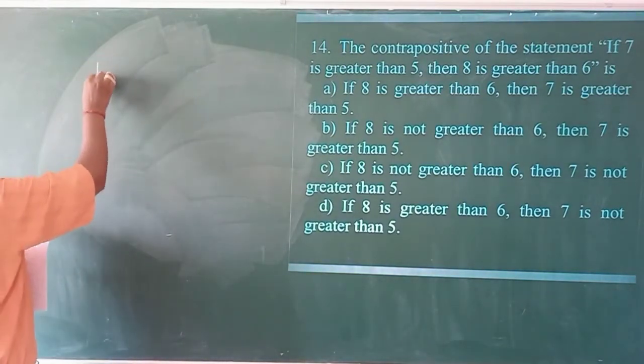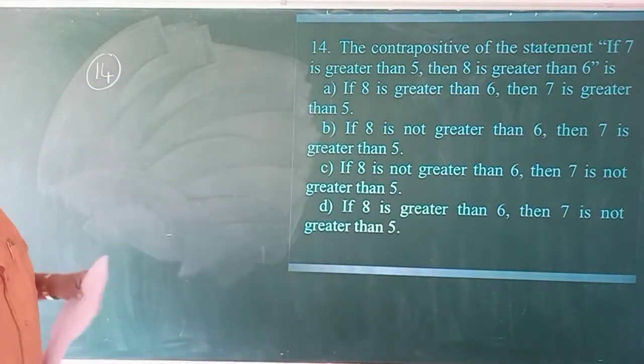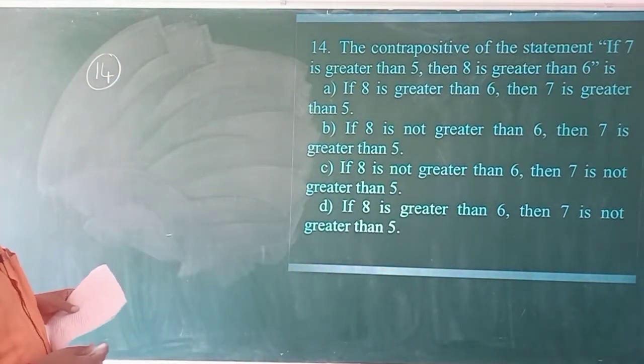Fourteenth one. The contrapositive of the statement: if 7 is greater than 5, then 8 is greater than 6.